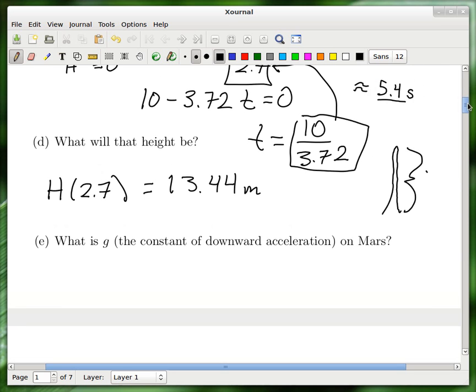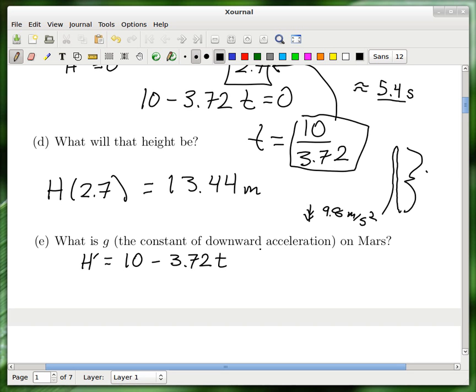And E here. Let me remind you what h prime is. h prime is equal to 10 minus 3.72t. It's asking, what is g, the constant of downward acceleration on Mars? On Earth everything is being accelerated downwards at 9.8 meters per second squared.